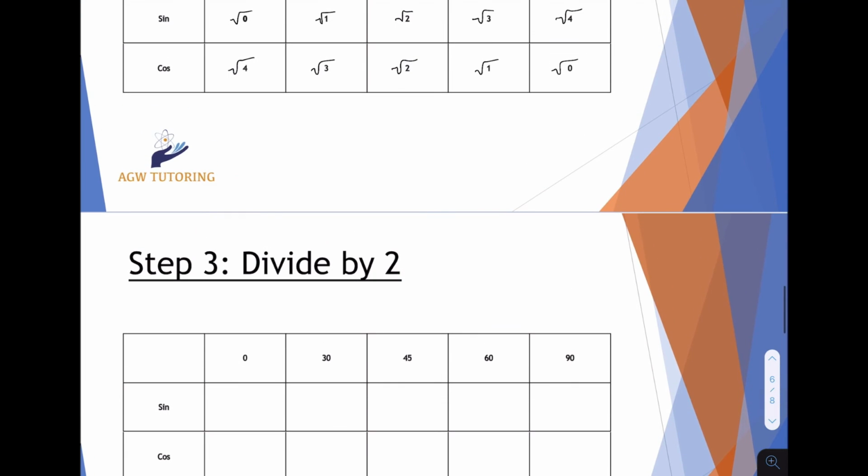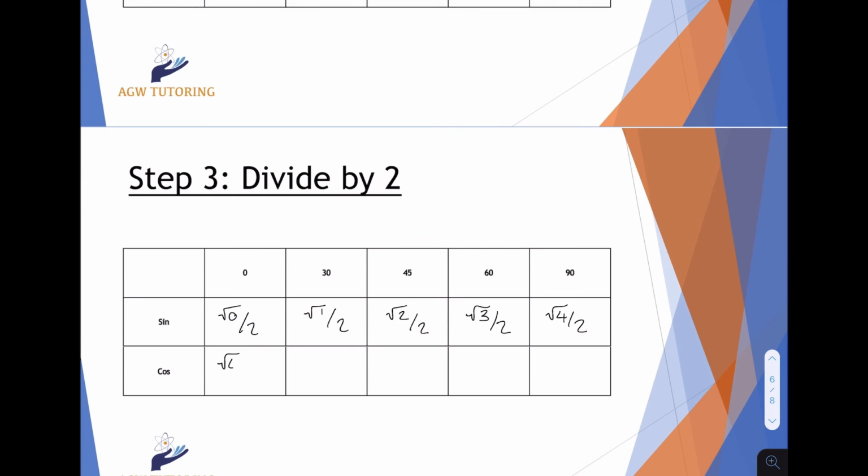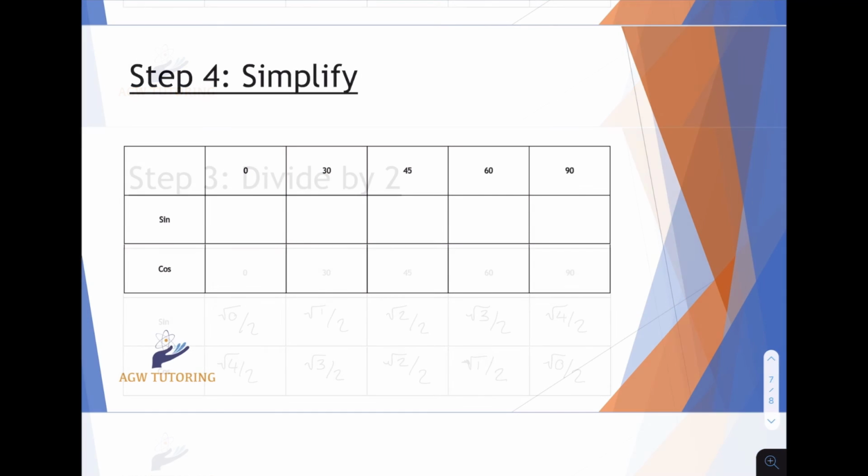So we've got root 0 over 2, root 1 over 2, root 2 over 2, root 3 over 2, root 4 over 2, and then we just got the same but the other way around. So root 4 over 2, root 3 over 2, root 2 over 2, root 1 over 2, and root 0 over 2.